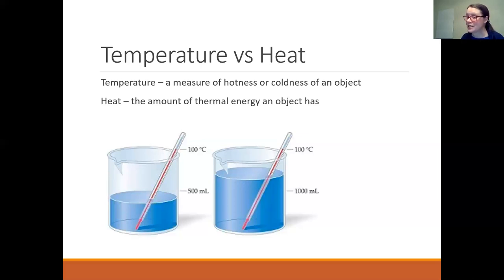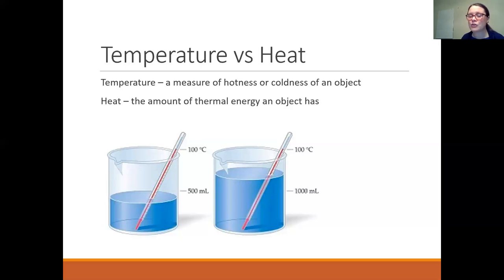Friction rubs against things, and when we have friction in gears or in machinery, it results in heat. And I often think of molecules bumping into each other as creating friction and resulting in heat. So that's just some little story tools I use to help me better understand the difference between heat and temperature.